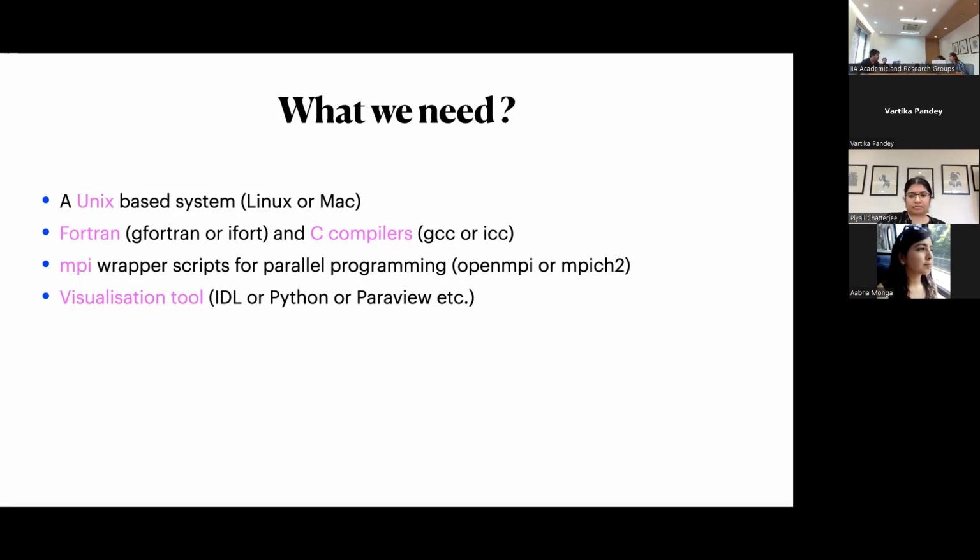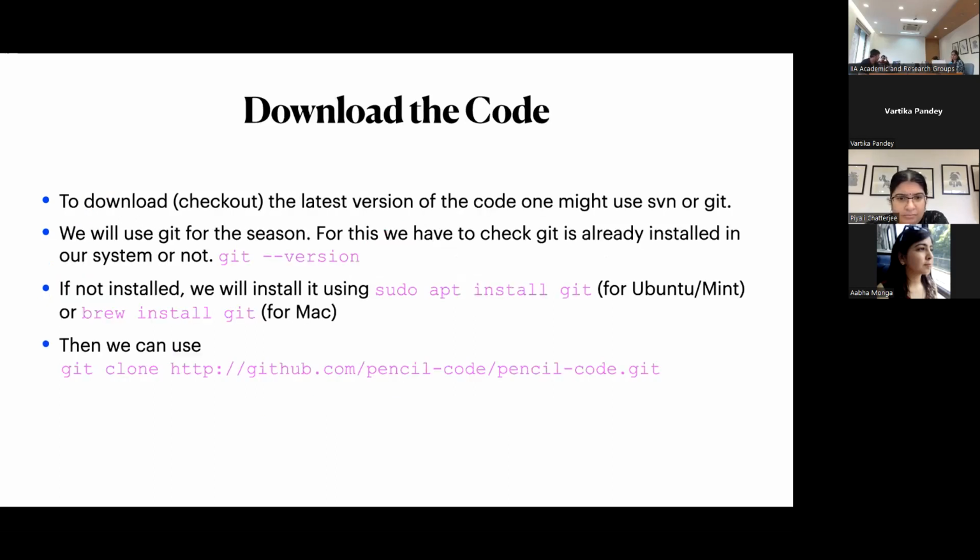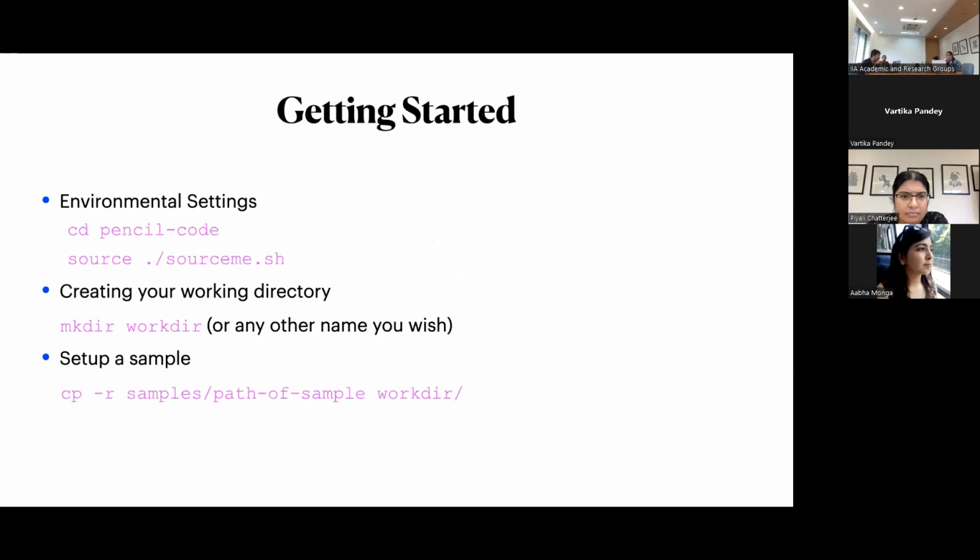Besides this, we also need the main thing, the Pencil Code. I will show you how to download the code in this session, and in the next session, I will show a sample run and how to visualize the results too.